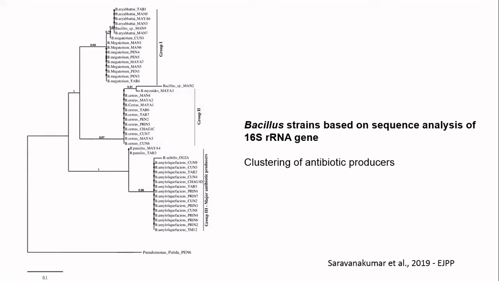And when we used this data to analyze the gene, we saw that the antibiotic producers, this is not based on the lipopeptide gene, but based on the 16S rRNA gene.